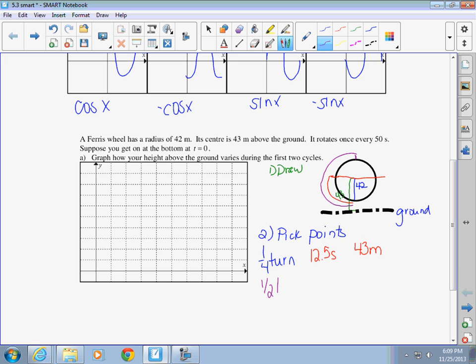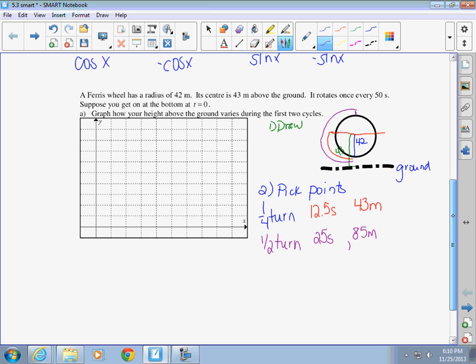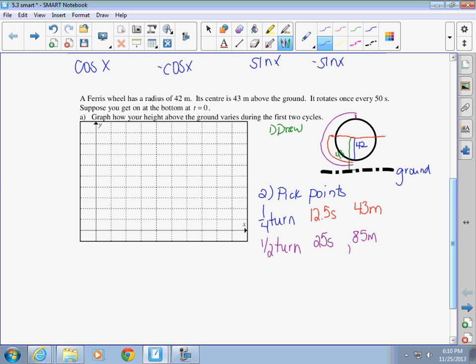So at a half turn, which would take me 25 seconds to get there, I would have my 43 meters that I was to the center, and then 42 meters to the top there, so it'd be 85 meters. If I did 3/4 of a turn, I guess I'll do that in green, so 3/4 would get me to there.